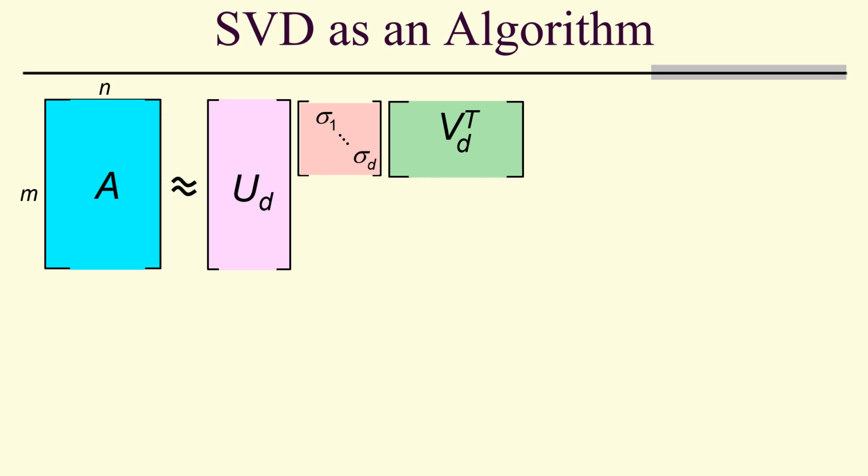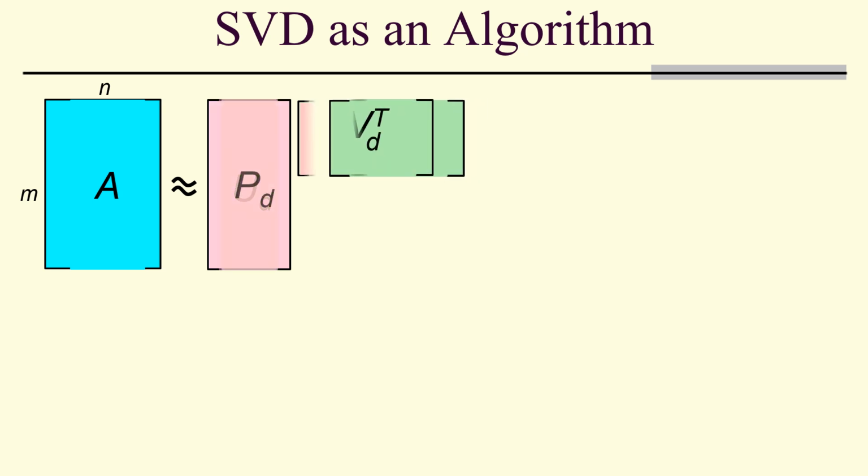And finally, the SVD is also an algorithm. Notice we have our low-rank approximation theorem. It says that A can be approximated by this product of three matrices, and we can define a P sub D, our principal components, so it's approximated by the product of these two matrices.